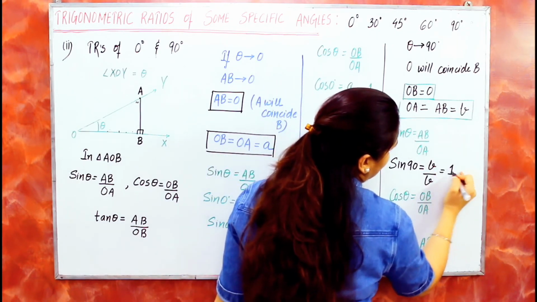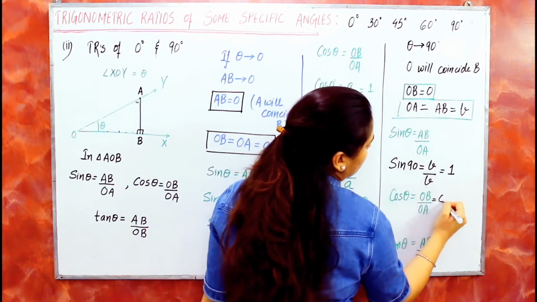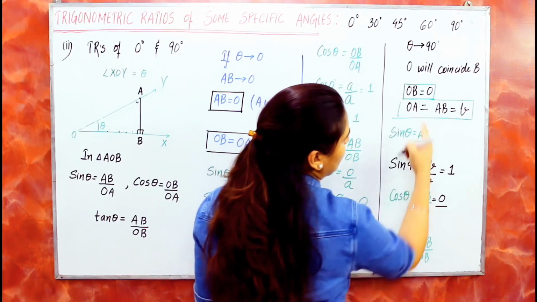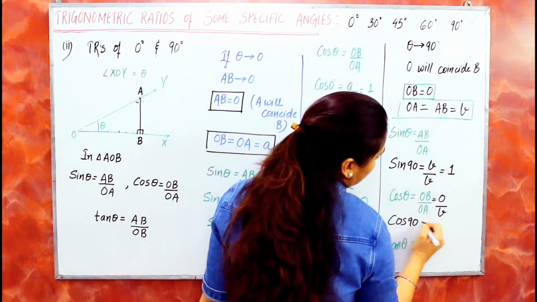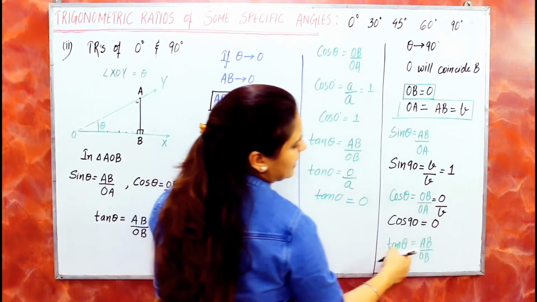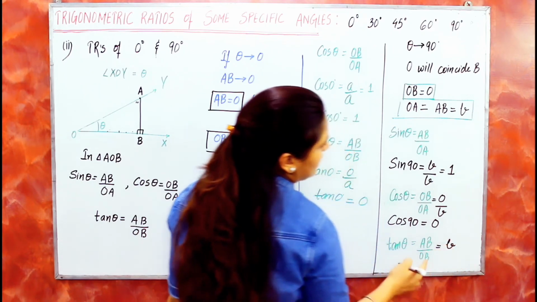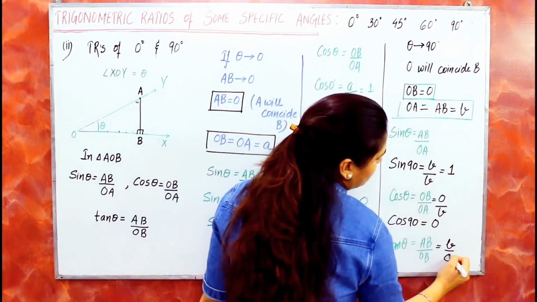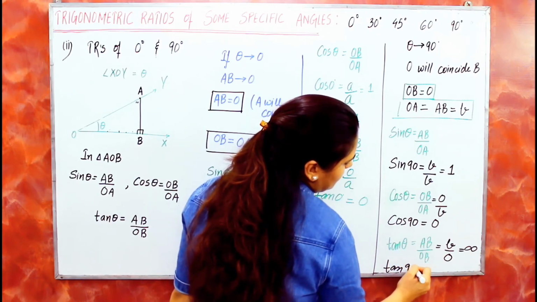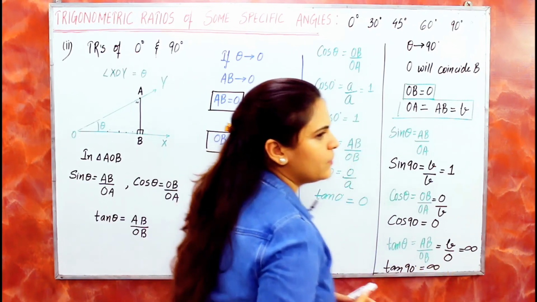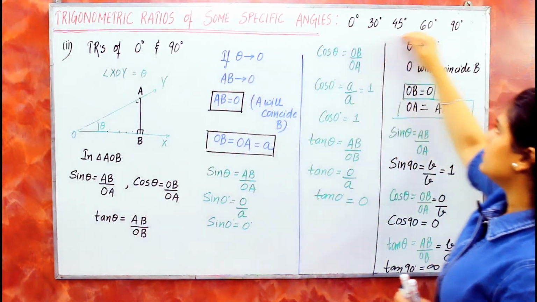So sin 90 is equal to 1. Cos theta: OB is equal to 0 and OA is equal to b. So cos 90 is equal to 0. Tan theta: AB is equal to b and OB is equal to 0. So it's not defined. Tan 90 is not defined. So this way we can find trigonometric ratios for these angles.